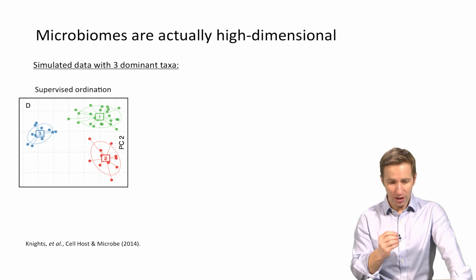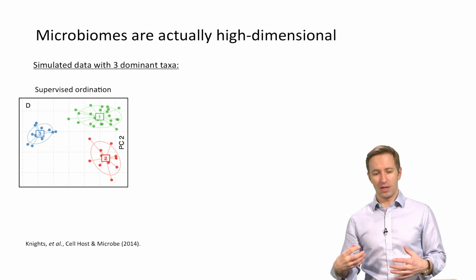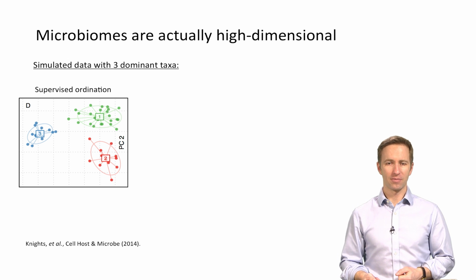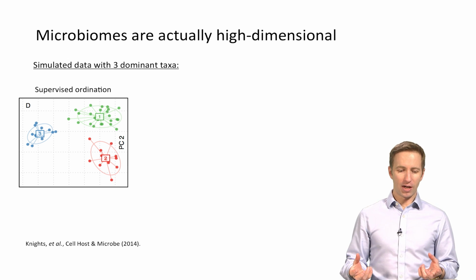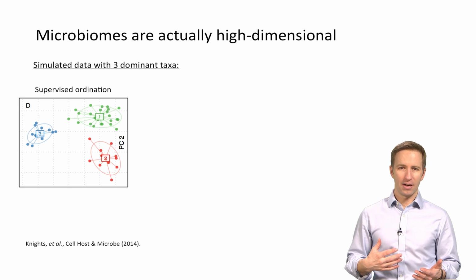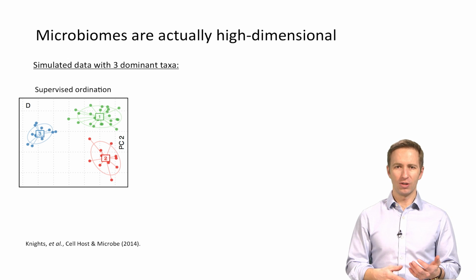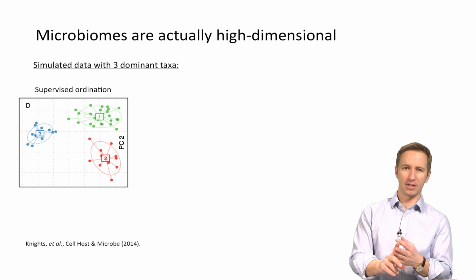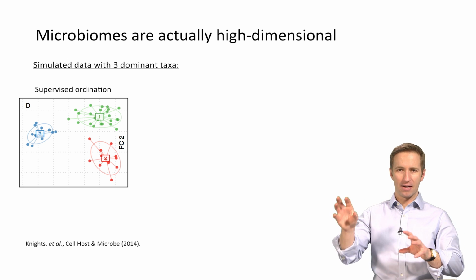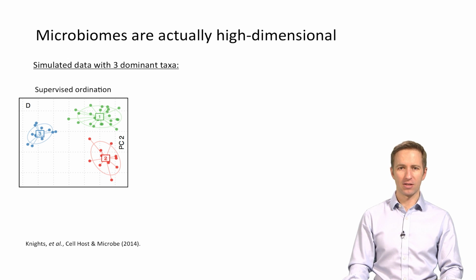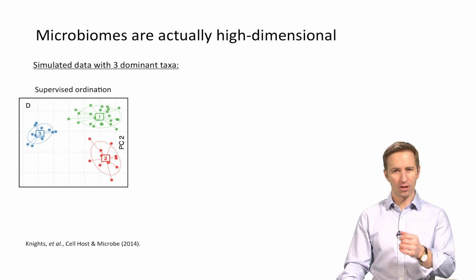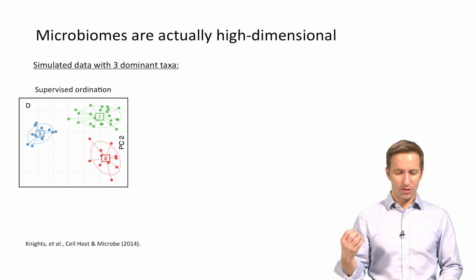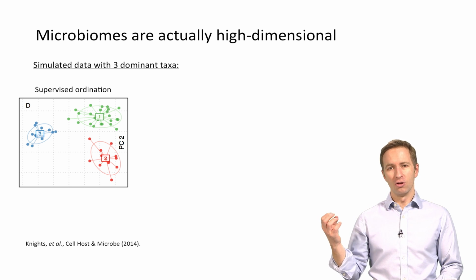And what I found is that, first of all, if you simulate data with only dominant taxa, with 3 dominant taxa, so this would be kind of an approximation to the Bacteroides, Prevotella, Ruminococcus 3-way gradients that were seen in the original clustering paper, then the supervised ordination looks really good.